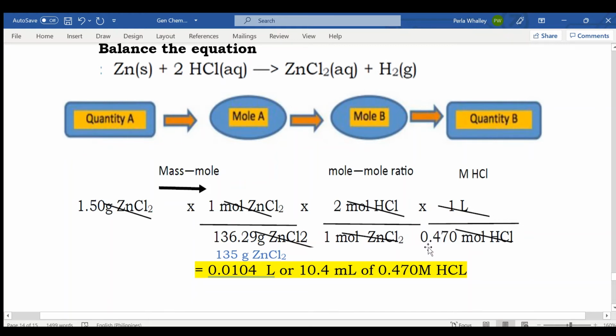There are 0.470 mole of HCl. This is the molarity. So mole HCl cancelled out. What is left is liter. So the answer is equal to 0.0104 liter or 10.4 ml of 0.470 molar HCl.